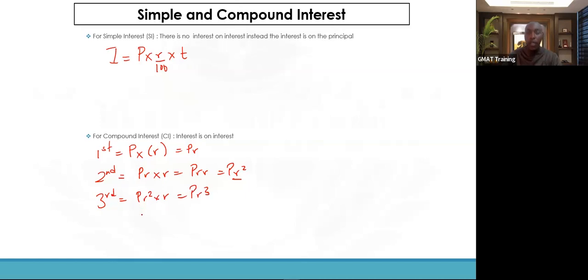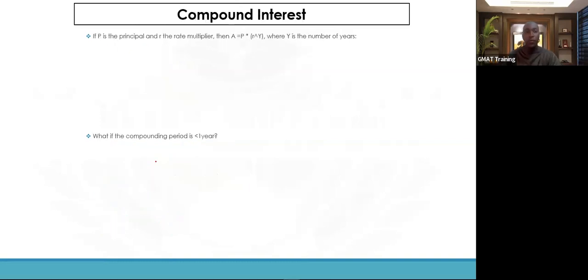Generally, it's written as the total amount equals the principal times the multiplier to the power of the number of years. As you can see, for the third year, it was the principal times the multiplier to the power 3. If P is the principal and R the rate multiplier, then A equals P times R to the power Y, where Y is the number of years.